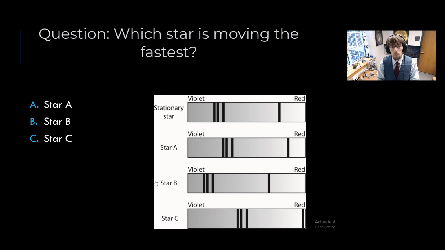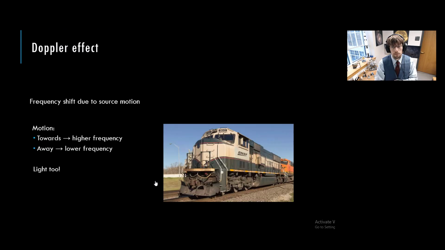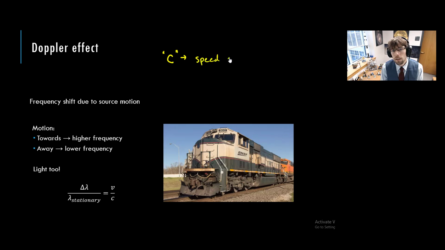Let's go ahead and quantify that a little bit more. So I will now give you the equation, and let's walk through what each of these means. You should already know what c means. c is reserved and represents the speed of light.